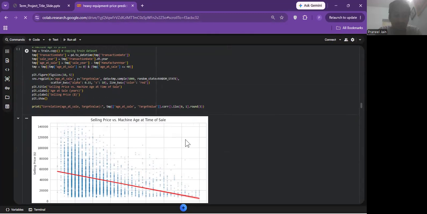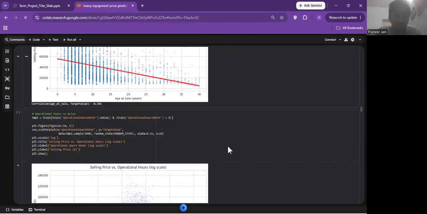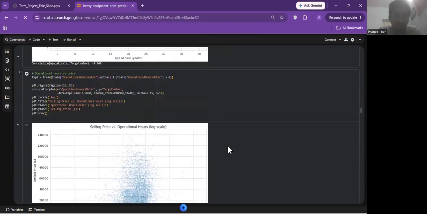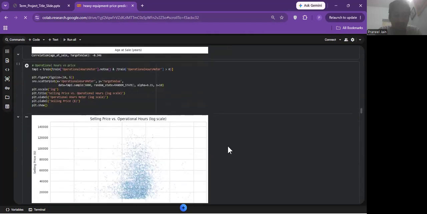The next thing is operating hours versus price. Operating hours also showed a negative relation with price, and I plotted it on a log scale since it was skewed too.